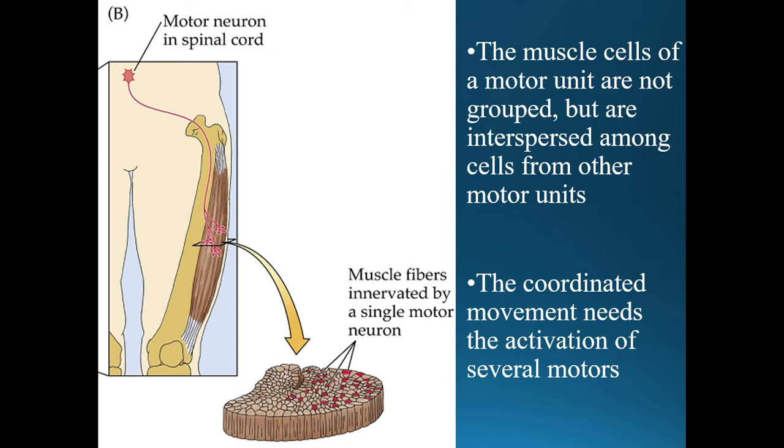Motor units are not grouped but are interspersed. This is because coordinated movement needs the activation of several motors, since they are not grouped but interspersed among cells.